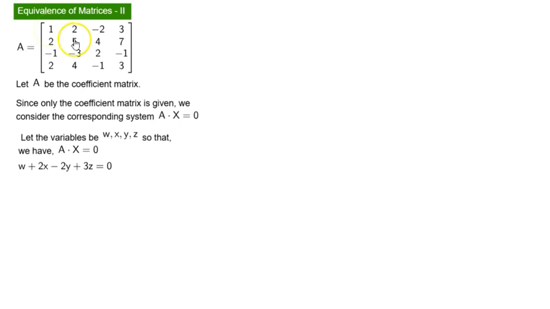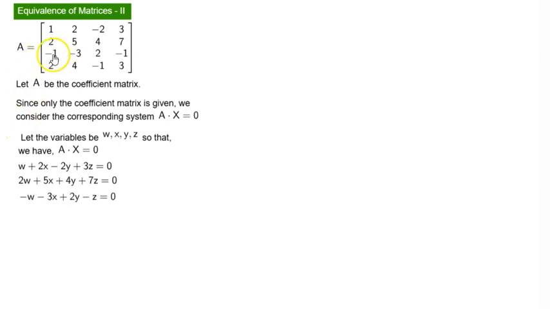1w, that is w, plus 2x minus 2y plus 3z. Each column corresponds to a variable. Then we have 2w plus 5x plus 4y plus 7z equal to 0.